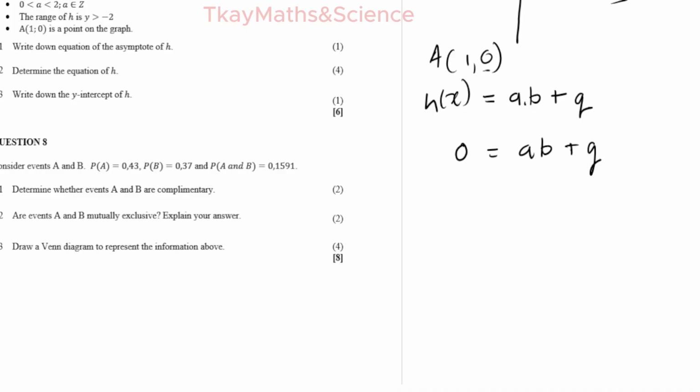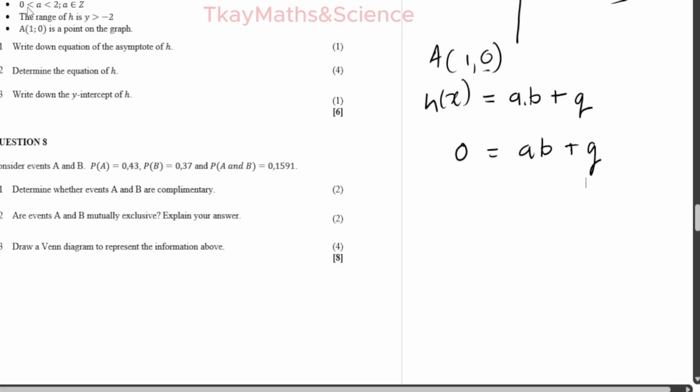But as you can see, let's try to find the value of Q. We've been given the value of A here, right? It's in between 0 and 2, and also the range of h is y is greater than -2. Normally on this graph, the range of y is from 0 going upwards, and now we've been given the range as -2.